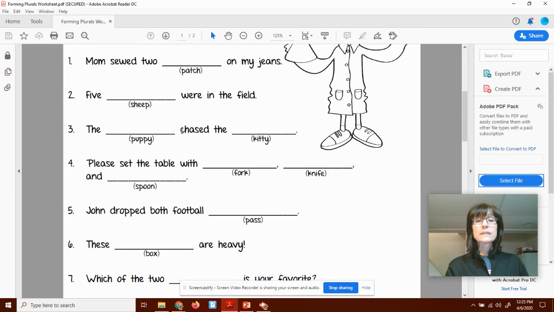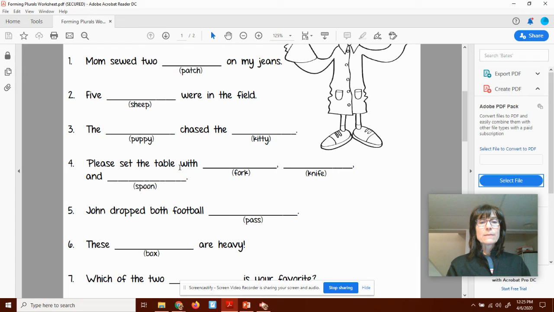The puppy chases the kitty. I see some Y words. I know with the Y, you drop the Y and add IES for anything that has the Y. We'll do one more, and then you can go on and begin your worksheets in your phonics book.